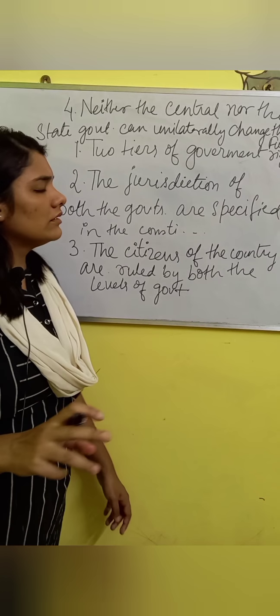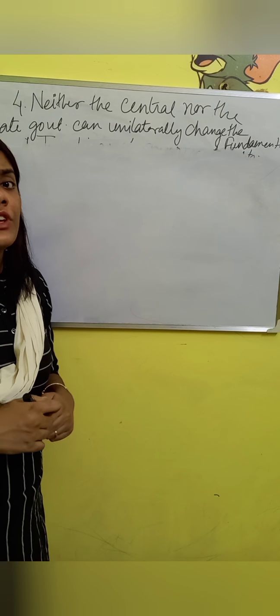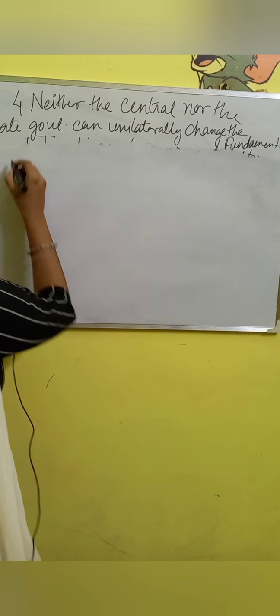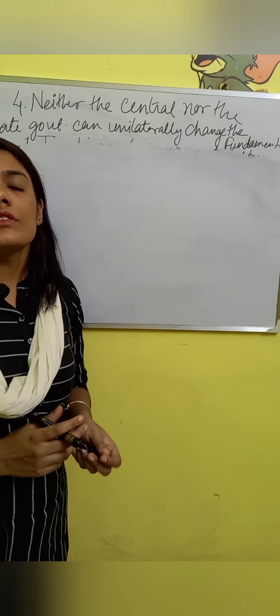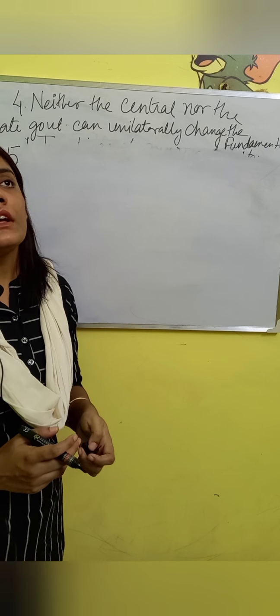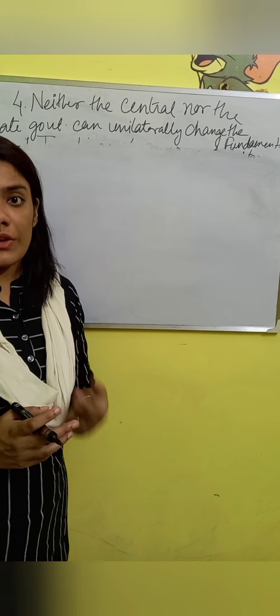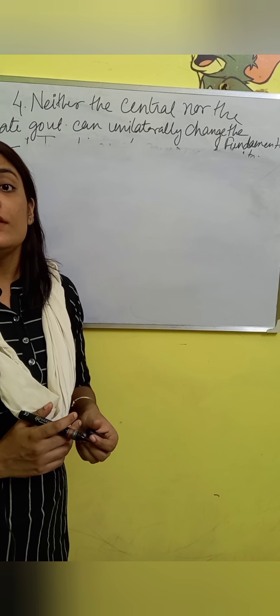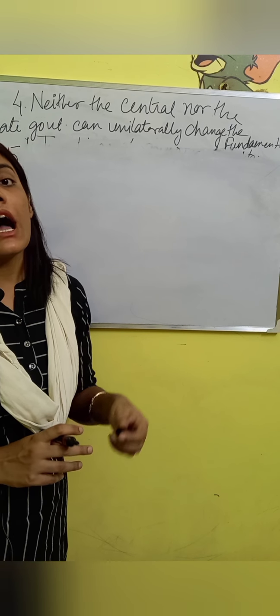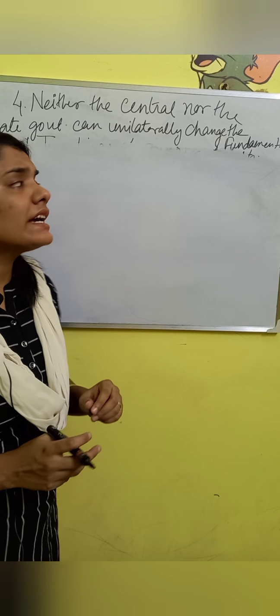Now, the fifth feature of federalism. What is the fifth feature of federalism? The sources of revenue at each level of government are also specified in the constitution.